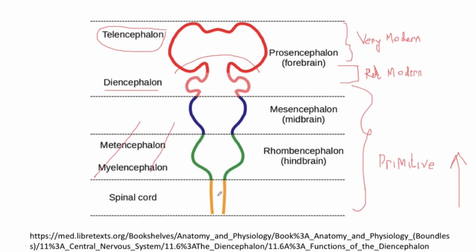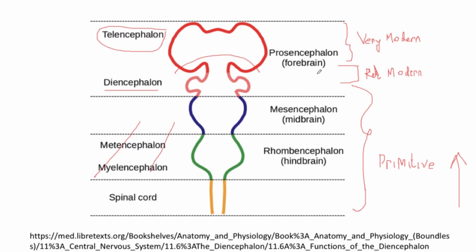One by one, we'll start from the very primitive part. We will talk about the brainstem, where we have the rhombencephalon, the hindbrain, and the mesencephalon, the midbrain, then the diencephalon, and then we will gradually go towards the top, where we have the basal ganglia and the cingulate cortex and such areas. So we will talk about them next.